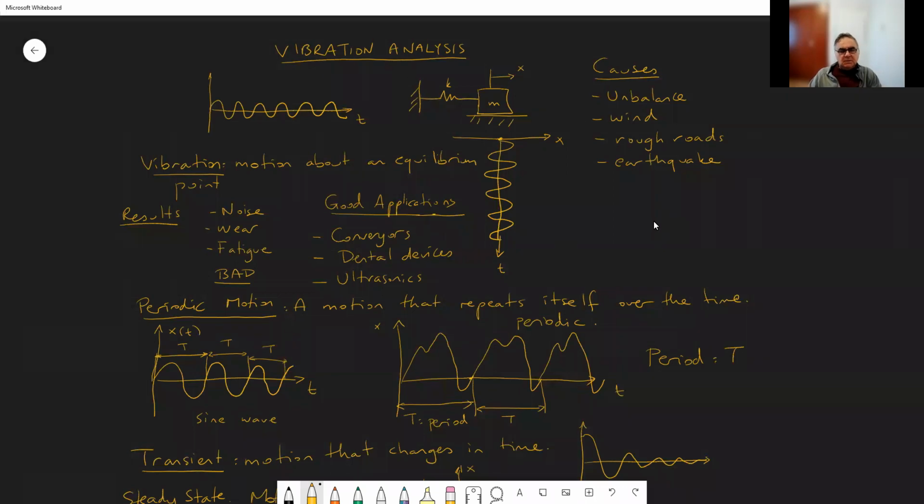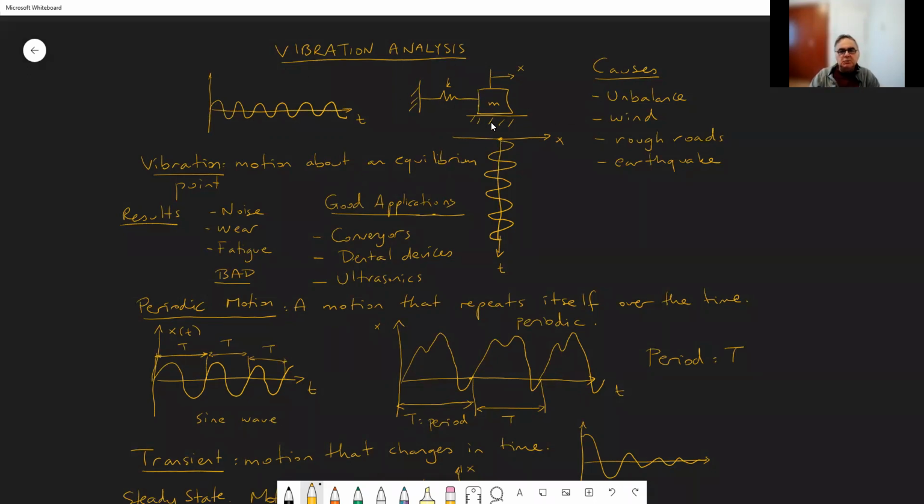Vibrations. Vibration is basically a motion about equilibrium. So a motion that goes on like this, like the motion of a car, is not vibration, but the vertical motion of the car on a road is vibration because it's something about the equilibrium position and it's a small motion.